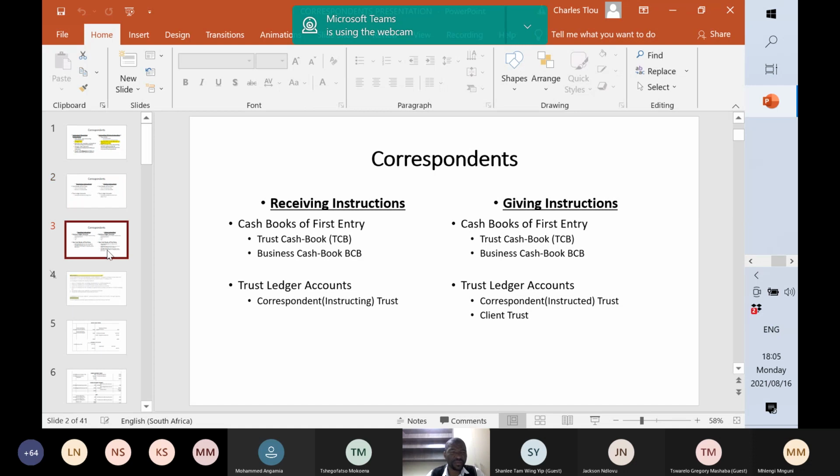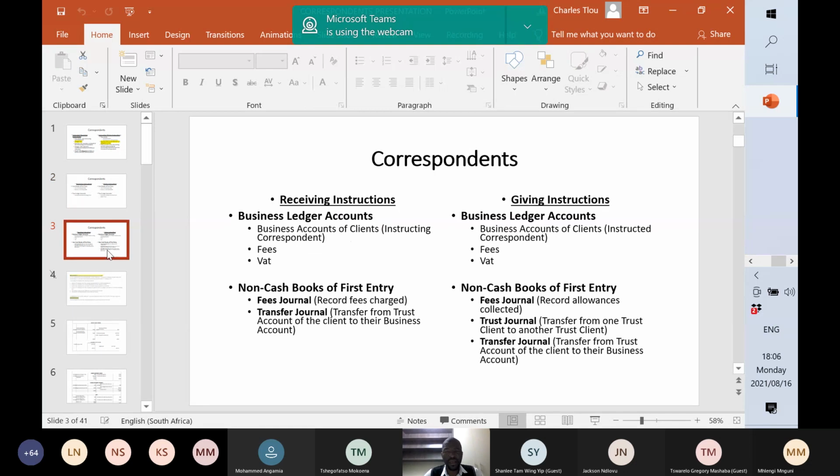Now you'll see here again, we're still trying to explain correspondent further. That is the receiving of instruction. You'll see business ledger account, business account of a client, instructing fee and VAT. That is where you record into the business ledger of your client. As I said when you started here, in the business ledger, that is where you record what the client owes you.